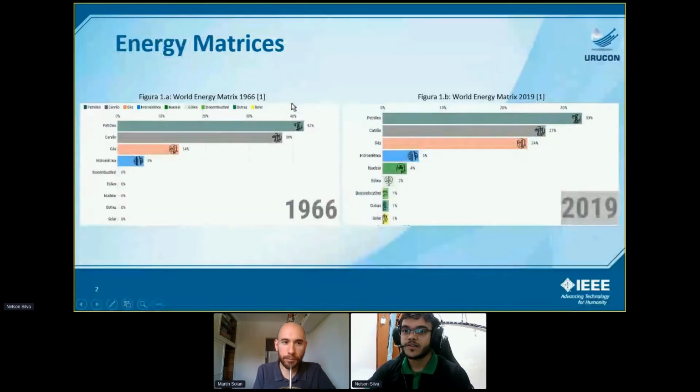Let's start by talking about the world's energy matrices. Comparing 1966 with 2019, we realized that hydropower remained at the same level due to its difficult implementation. Pollutants such as coal and petroleum have reduced, and there is large growth in the search for renewable sources of electricity nowadays.